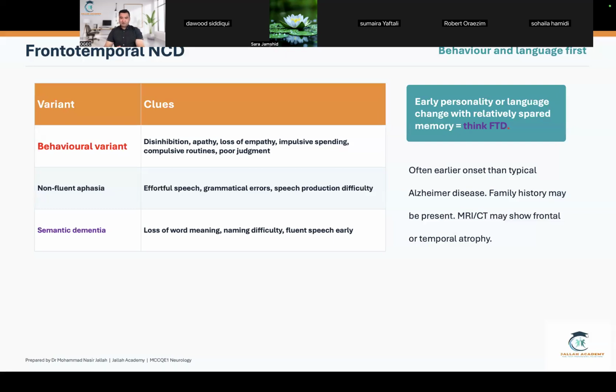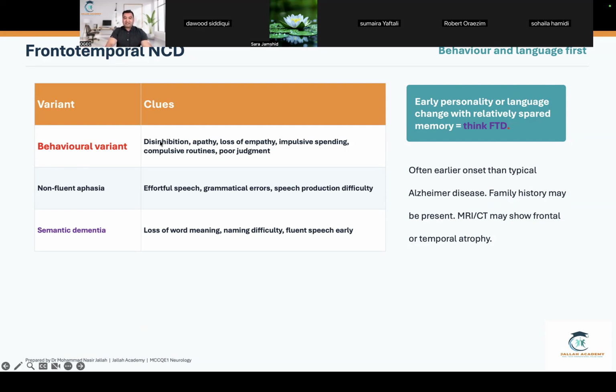The behavior of the patient starts to change first, behavior change, personality change at the beginning, then dementia. That is called frontotemporal dementia, frontotemporal neurocognitive disorder.